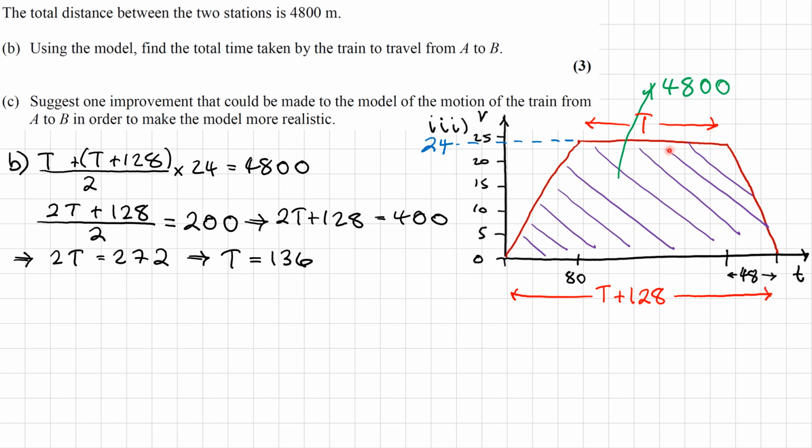Now this value of t is just the length of this bit in between. We still need to add 80 and 48 to get the total time from A to B. This t only represents the time that it was moving at this constant speed.